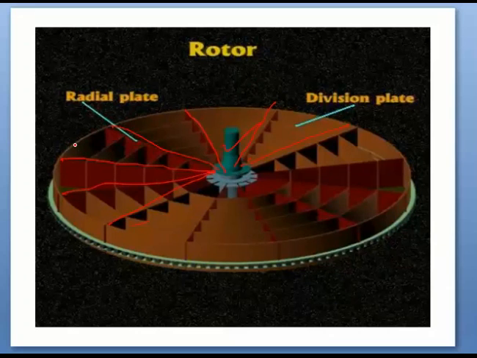And each sector is divided with the help of division plates, which create the housing for the heat absorbing material. The heat absorbing material is filled in this area, so this total empty space is packed by the heat absorbing material.